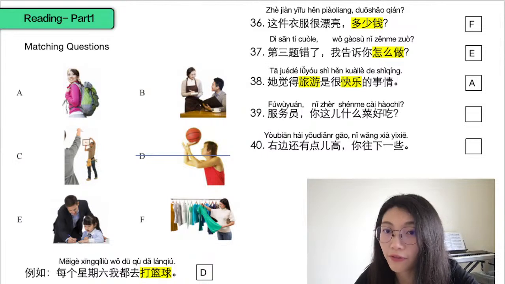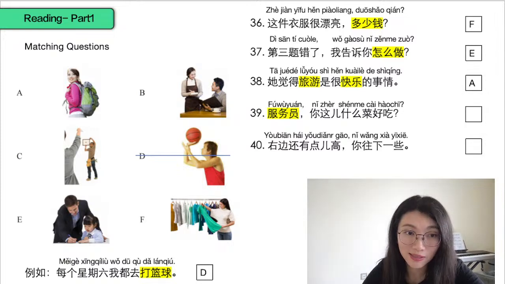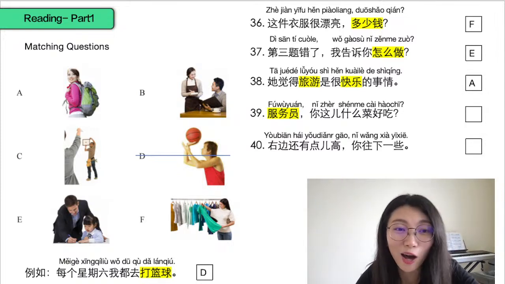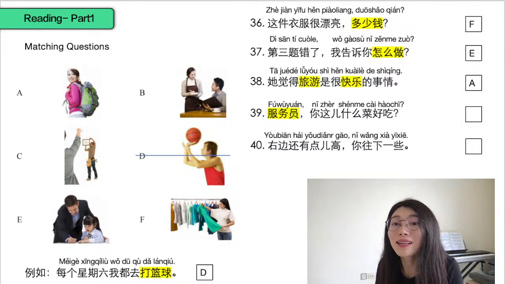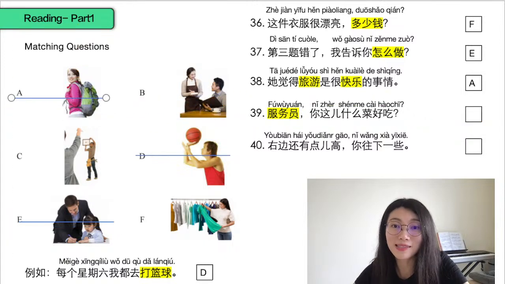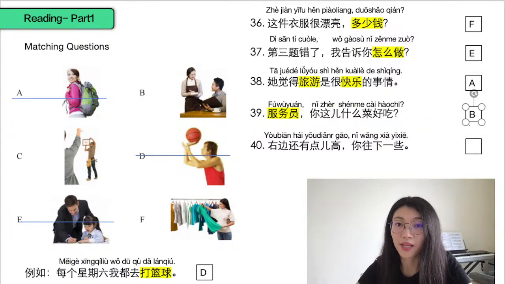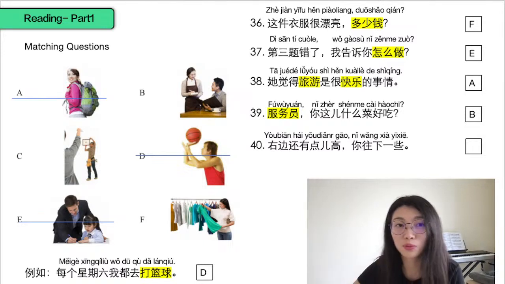39, 服务员. This word you need to grasp, very important. 服务员, waiter or waitress. 服务员，你这儿什么菜好吃？Which food is delicious here? We know it's a conversation, so it must be 2 people. We have already finished this one, so only B and C. Of course we choose B: he is ordering food and she is 服务员.